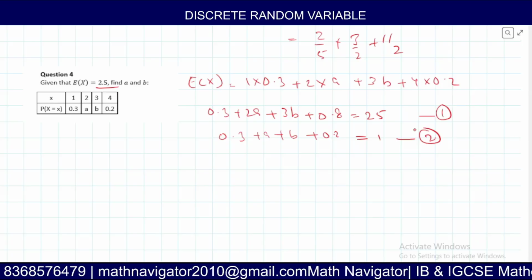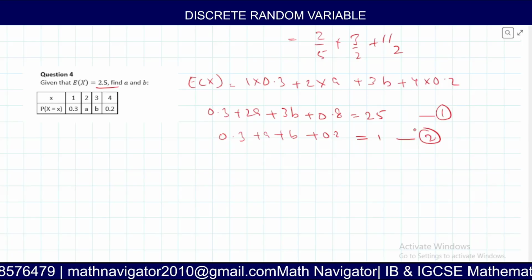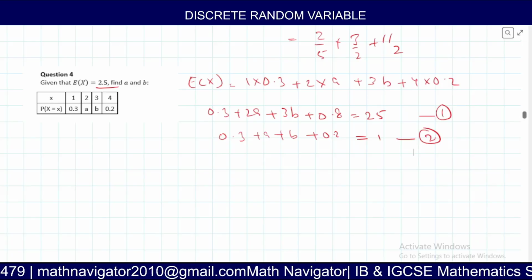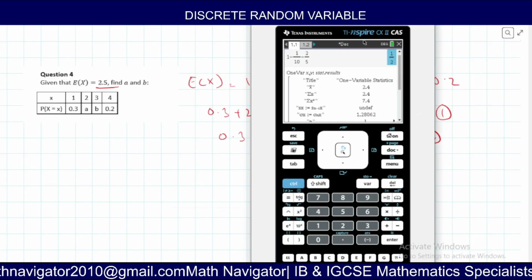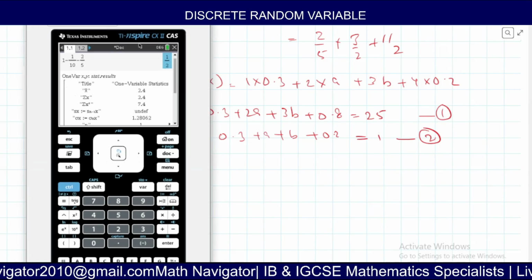You already know how to do it manually by eliminating, and either way you can use. But if you get this in the calculator exam, I'll explain how you will solve it.